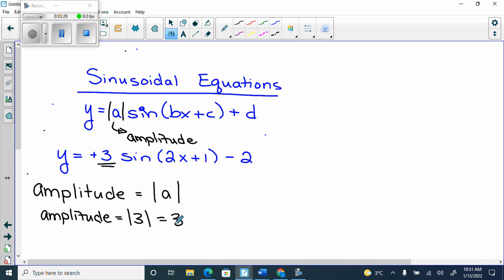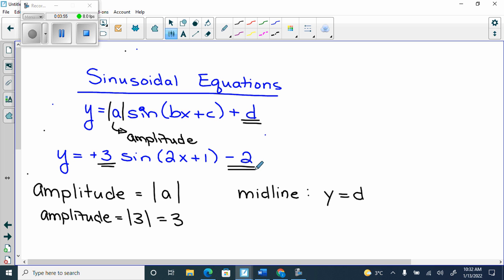Now, my midline is the line that cuts the graph in half horizontally. It's always y equals, and in this case, off an equation, it's y equals d, the d value. So what's my d value on this one? Negative 2.